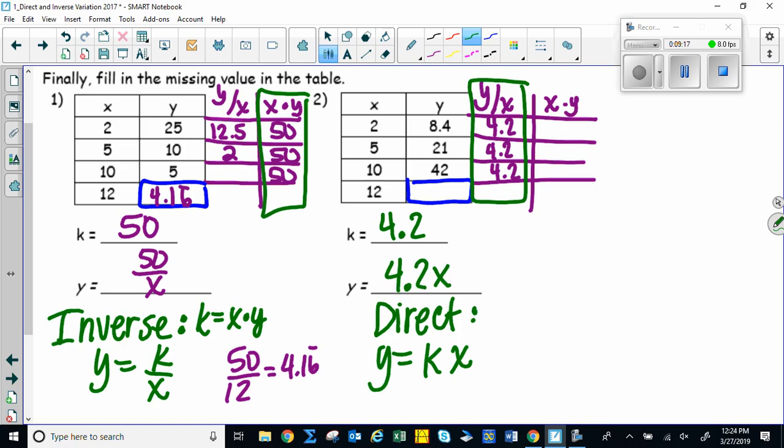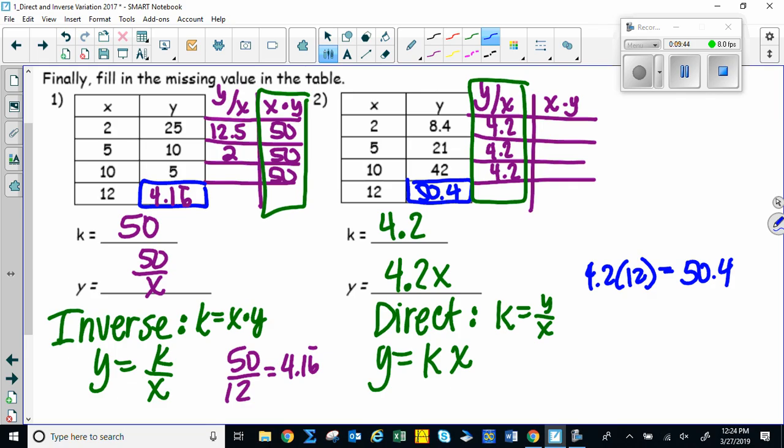If I were trying to solve for k, k equals y over x. Okay, these are the same equations, they're just manipulated. So what's the last thing I have to do before I can move on? Right, I need to say 4.2 times 12 is how much? 50.4. All right, so we're going to fill that in.